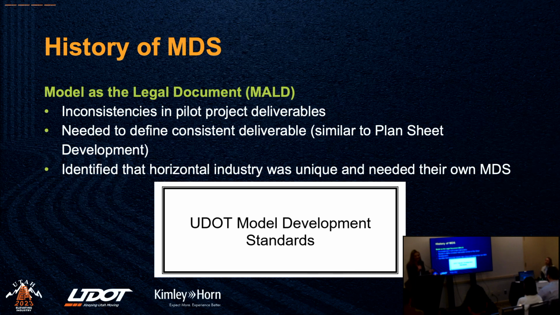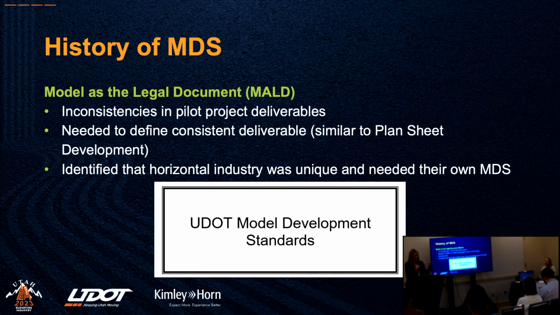All right, so like I was saying, we had the need to really just define a consistent deliverable, and so thus the model development standards were born. I think it's important to note that there were some standards created in the industry. They were more based on vertical, though, and when you think about vertical versus horizontal worlds, they're just different.